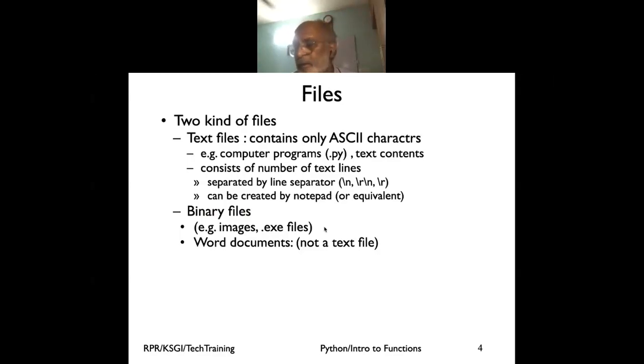ASCII stands for American Standard Code for Information Interchange. There are different kinds of encodings, but most of the time, all computers by default use what we call ASCII encoding. These files, like all the programs we wrote, each consist of a number of lines.